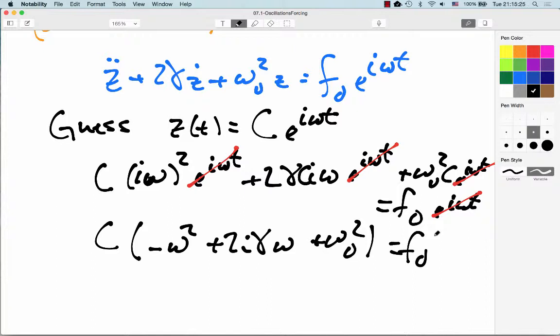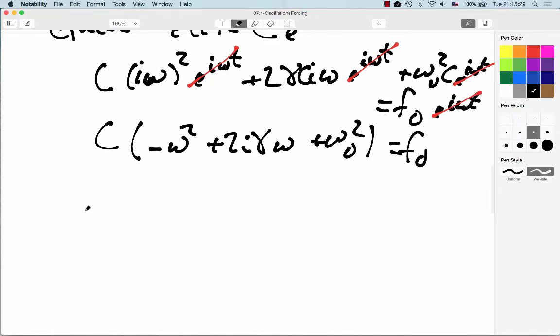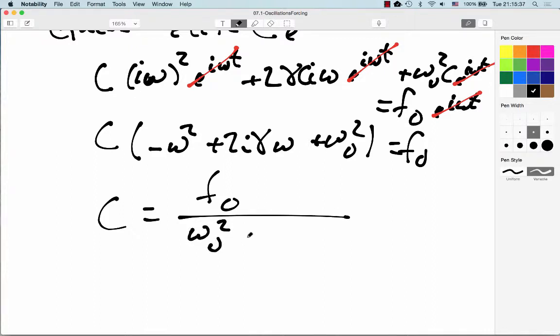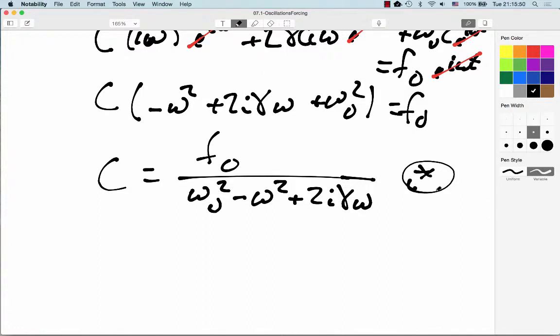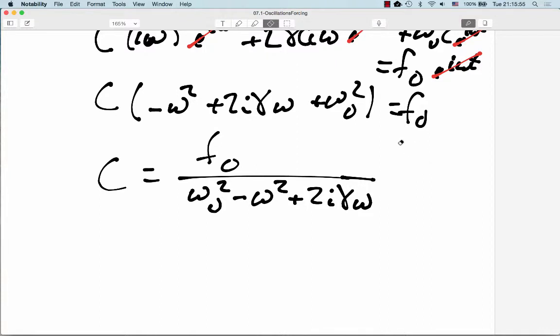Alright, well, that immediately tells us what my C has to equal. My C has to equal f naught over omega naught squared minus omega squared plus 2i gamma omega, just rewriting it here to look a little cleaner. Alright, and we will give that a nice blue star.